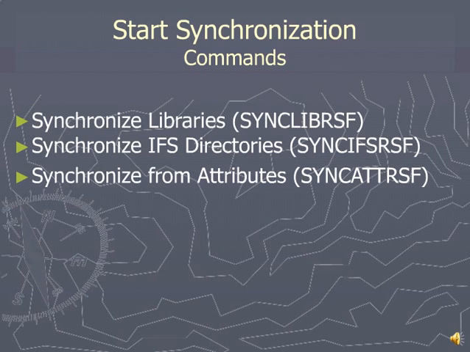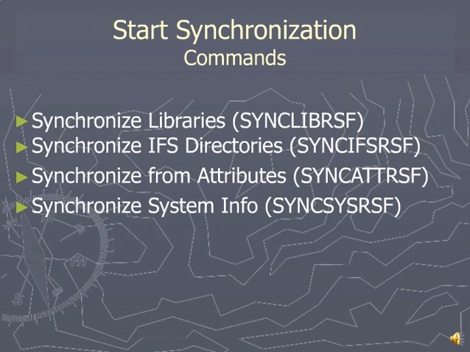The synchronize from attributes command is used to start synchronization for all of the libraries and IFS directories for which you've defined synchronization attributes, i.e., the items that show up in your Work with Sync Attributes list. And the synchronize system info command starts synchronization for system information.